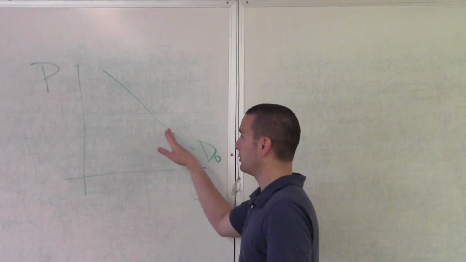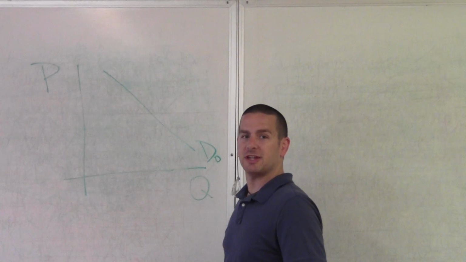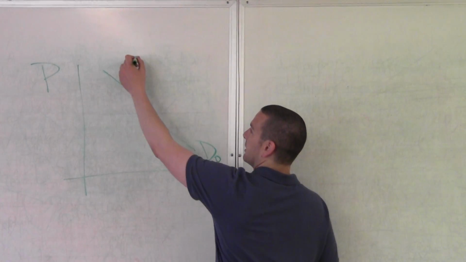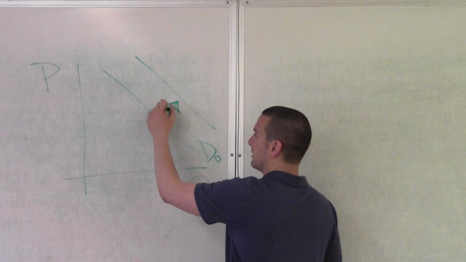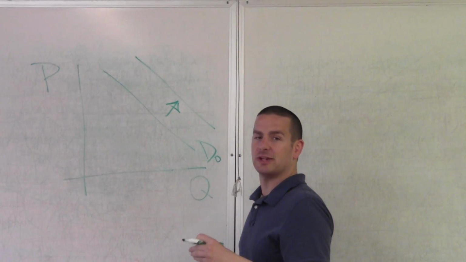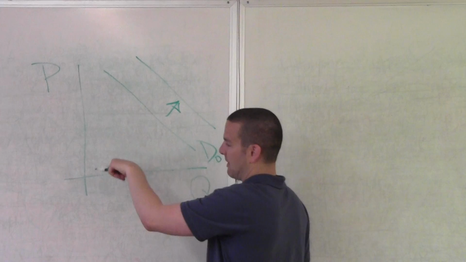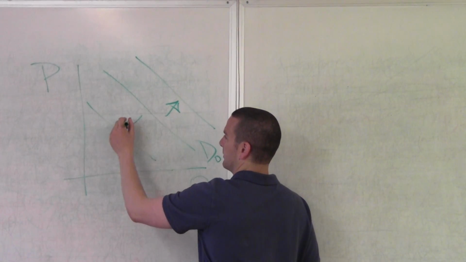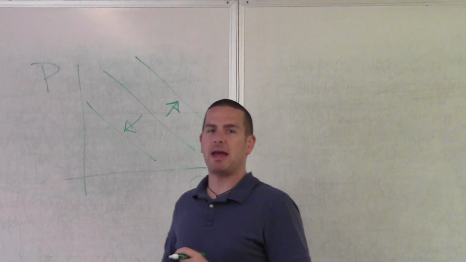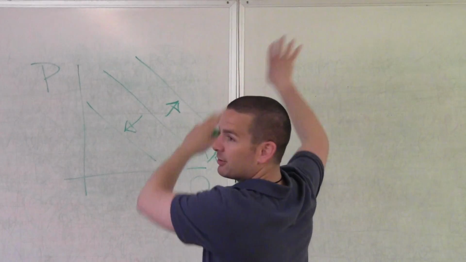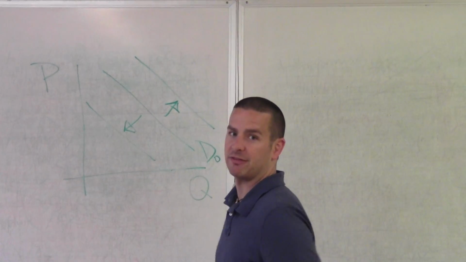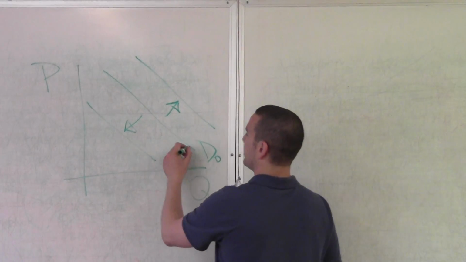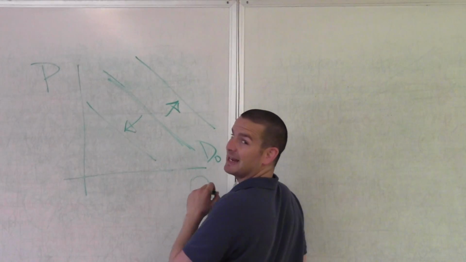right here. This is your initial demand curve. If there's an increase of demand, it goes that way. Okay? Increased demand goes that way. Decreased demand goes that way. Okay. Increased demand, up and to the right. Decreased demand, down and to the left. Okay. This is our original. This is an increase.